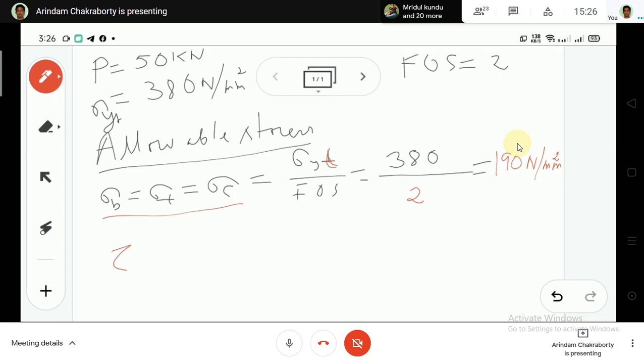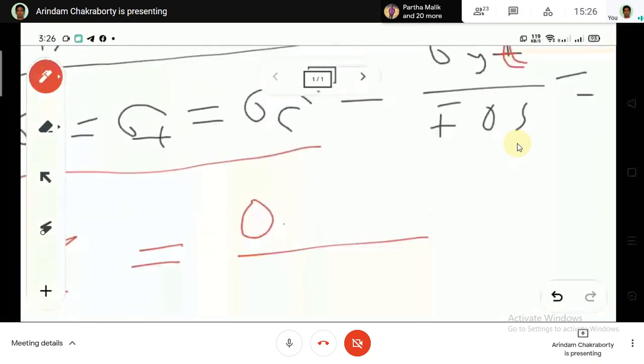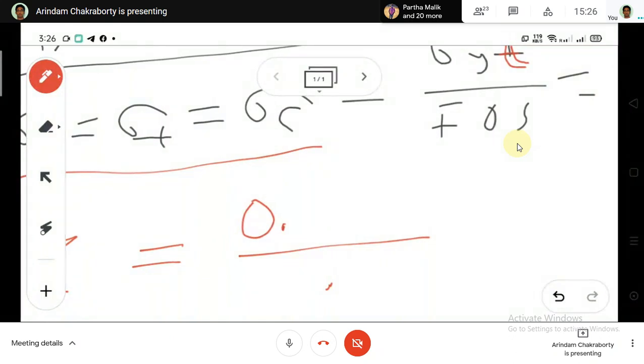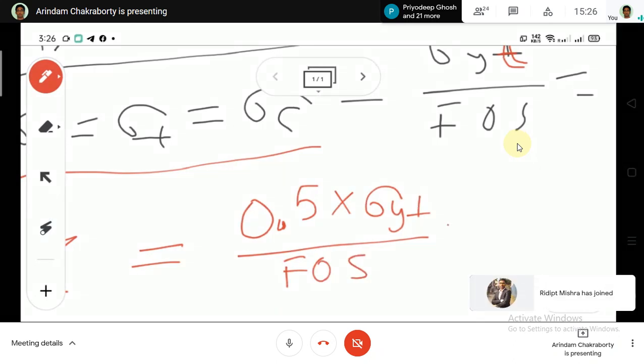So tau is equal to 0.5 into sigma YT by FOS.